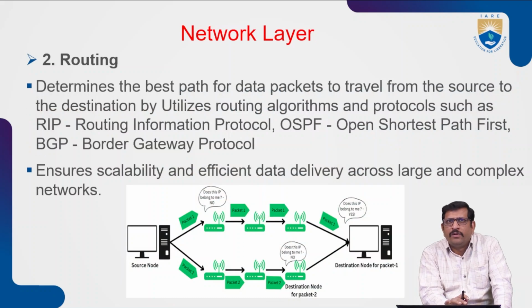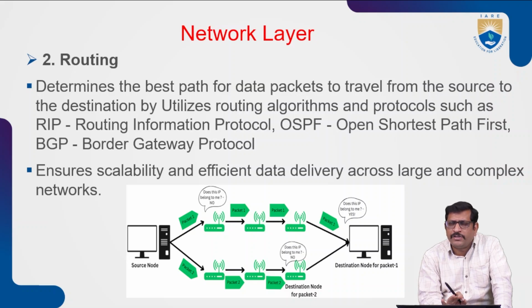And routing means, generally, source to destination. In between the source and destination, a number of routers will be arranged in a communication system. Among these routers, with the help of routing technology, we can find the best path.